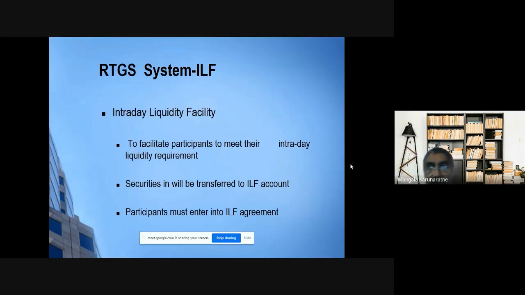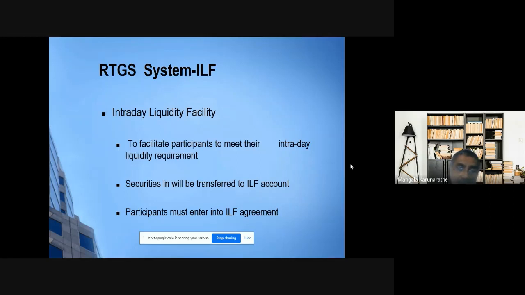They will send a mail to the dealers: these are our clearing figures for today. Then, before 8:30, they have to get an ILF from the central bank. In the morning you have to inform the central bank that you need an ILF.